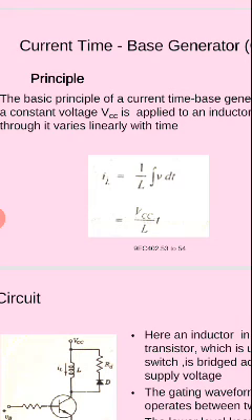VCC is constant, L is constant, and with respect to time the current varies.